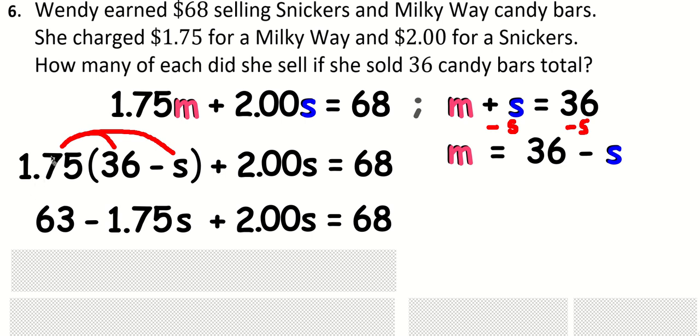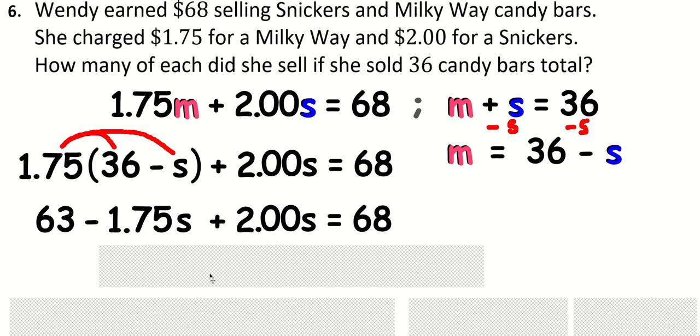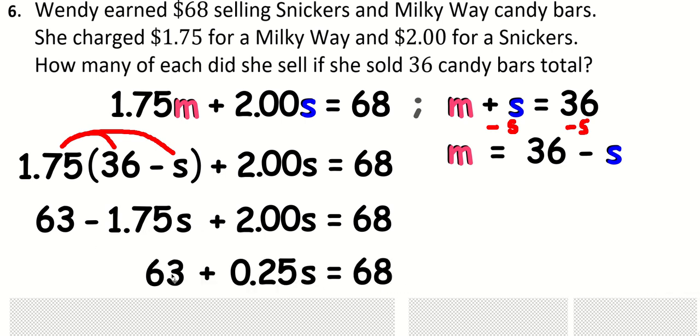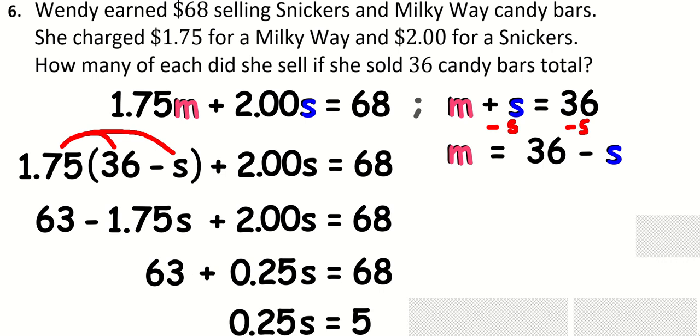And so 1.75 times 36, bam. 1.75 times negative S, bam. Everything else drops down. Look, these two terms, the negative 1.75S and the 2S, are already on the same side, so they combine. The 63 just drops down. And then, yada, yada, yada.